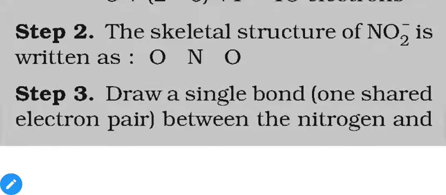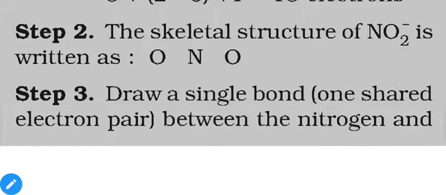But it is not always true, though in usual situations these types of skeletal structures are possible. So we can place less electronegative nitrogen at the center and more electronegative oxygens around it. So this will be our skeletal structure, ONO.